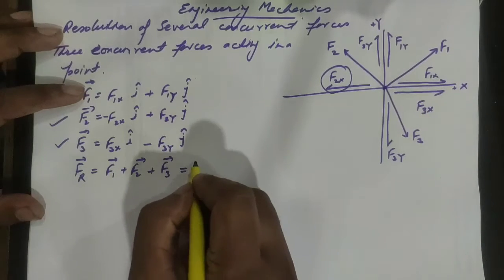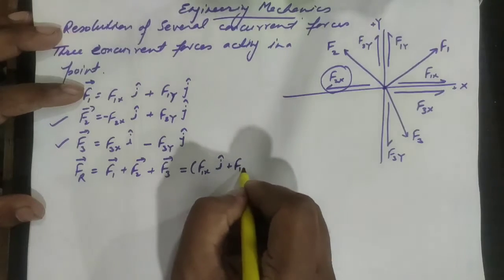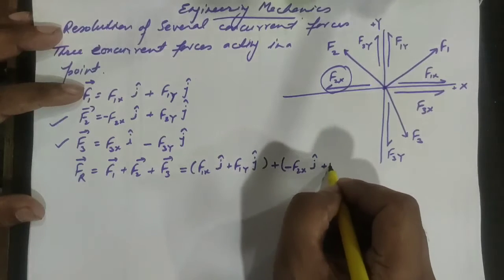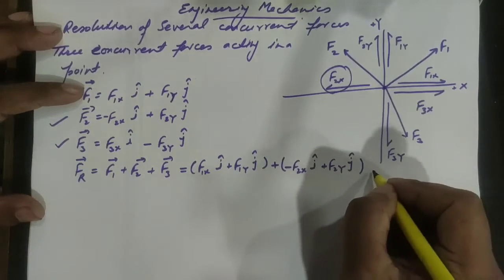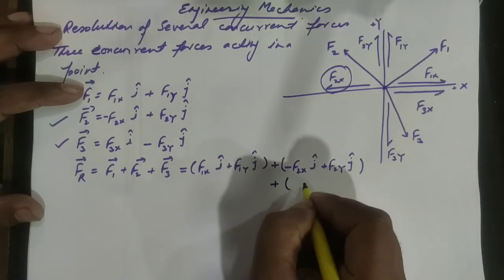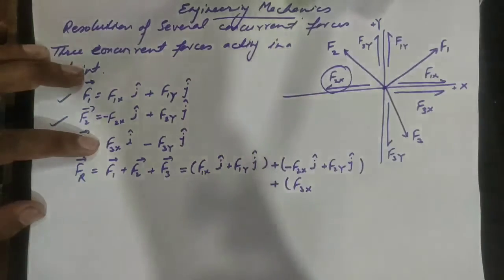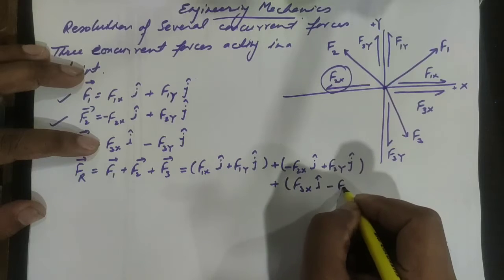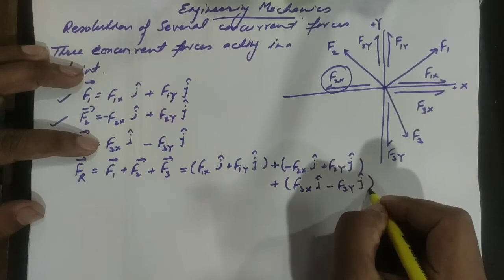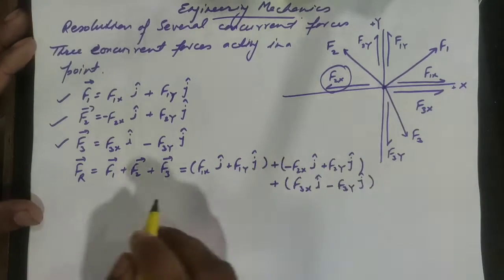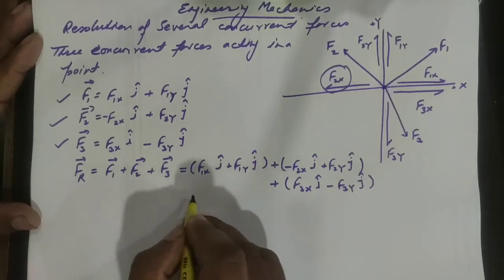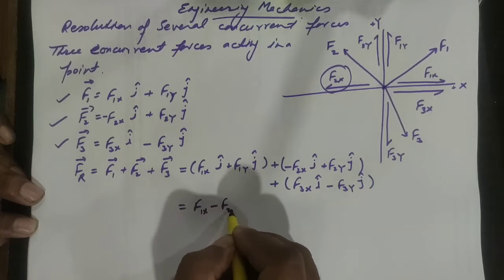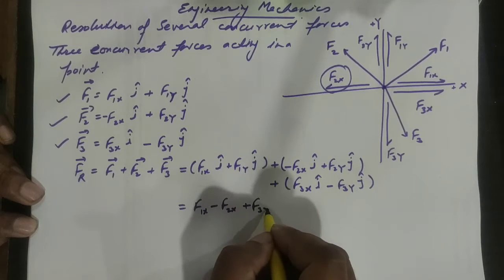So here we can write F1x i plus F1y j, plus minus F2x i plus F2y j, plus F3x i minus F3y j. We open all the brackets, and that becomes F1x minus F2x plus F3x.